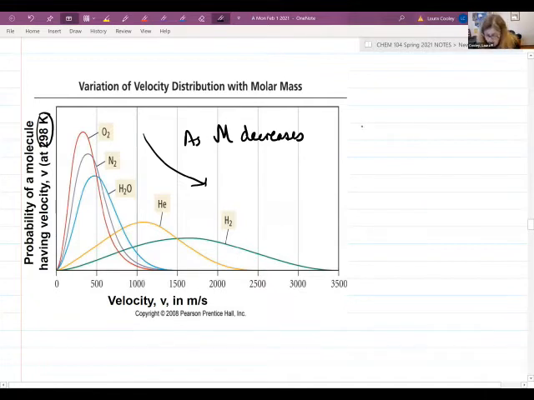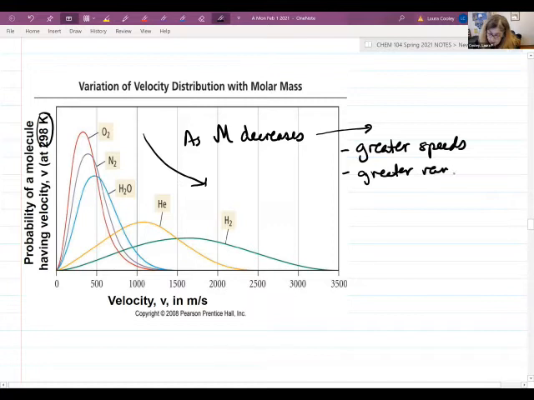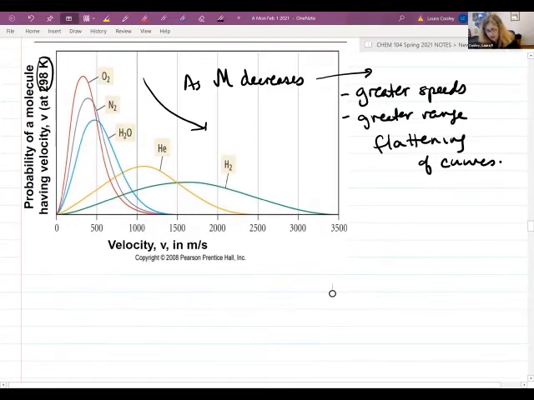Again, as the molar mass decreases, you have greater speeds, you have a greater range of speeds, and you see the curves flatten to keep the area the same.